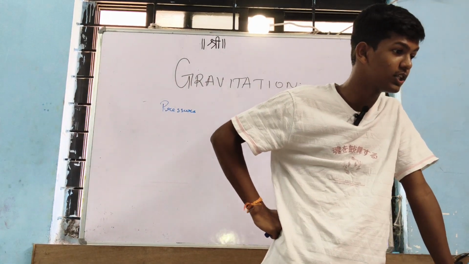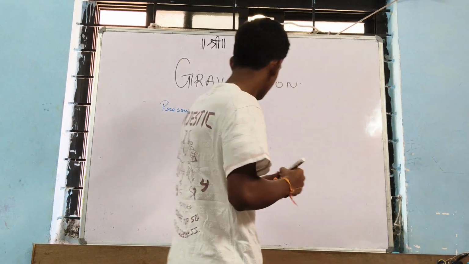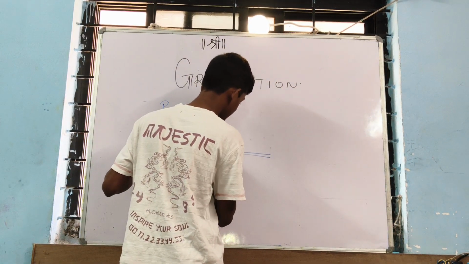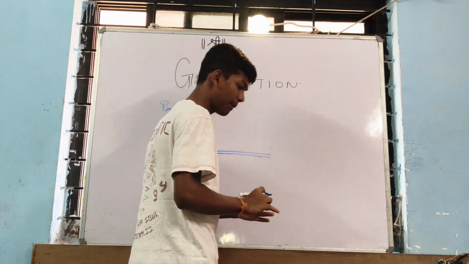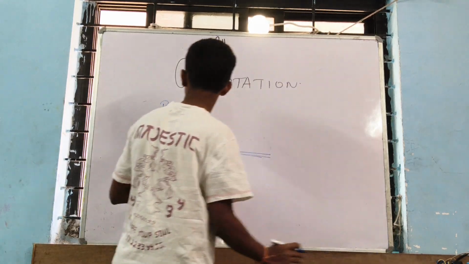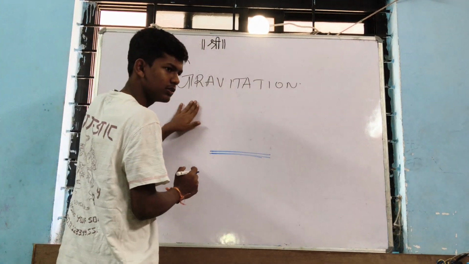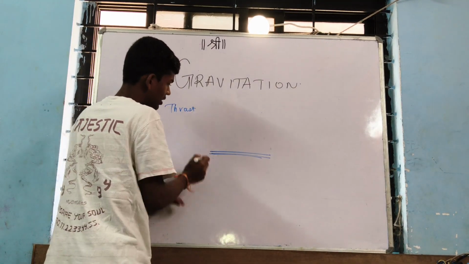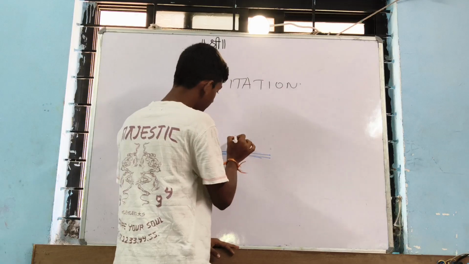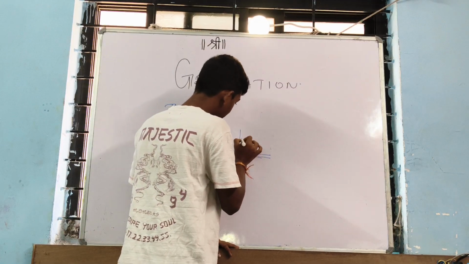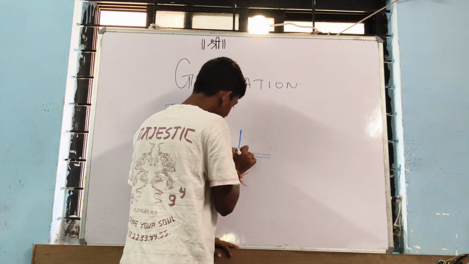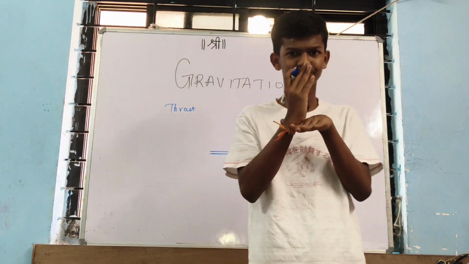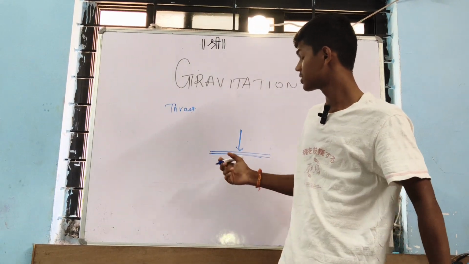Thrust is the force acting on the object perpendicular to the surface. If this is a surface and the force is applied, I am just talking about the thrust. Thrust is the force which acts perpendicular to the surface.